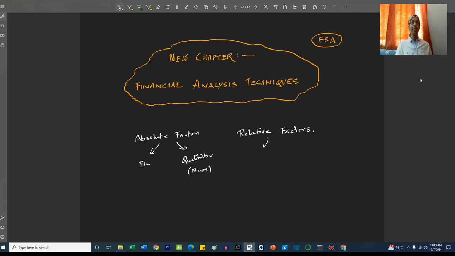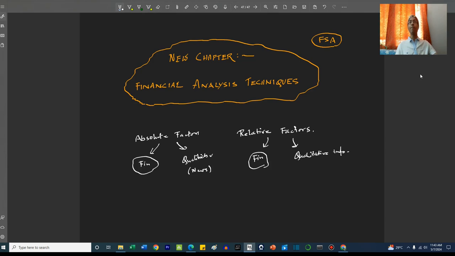In the same way, relative factors also may use financial data and also some qualitative, non-numerical data, right? For absolute and relative analysis factors, when we are using financial data, they fall in the category of financial analysis techniques. Okay?